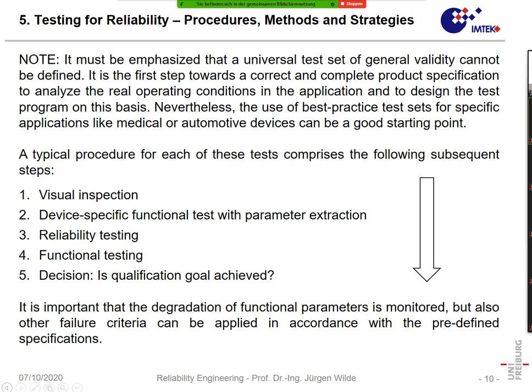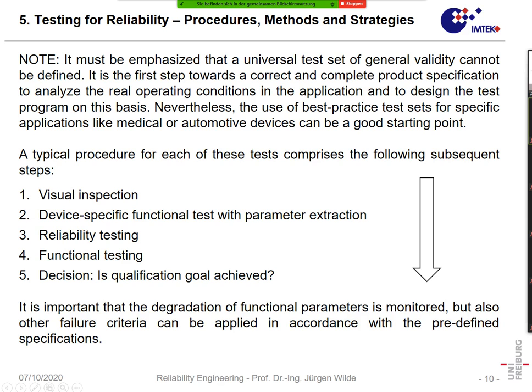In the end, that means even if the device is not dead, if it just gives wrong values, that can be dangerous, and that can be a severe safety aspect. And in that way, functional tests are very important.